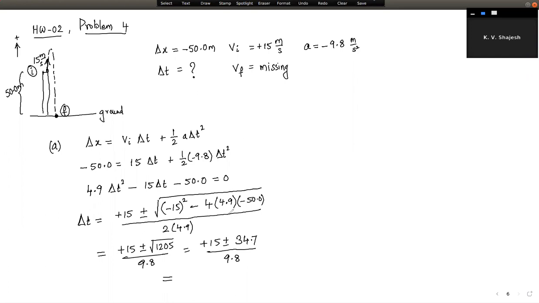Now that's 5.1 seconds. That's plus 5.1 seconds. Or there's another solution which will be negative. So it's 15 minus 34.7 divided by 9.8. That's minus 2.0.